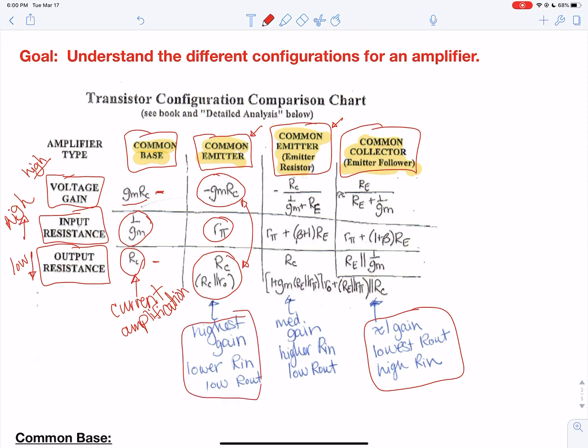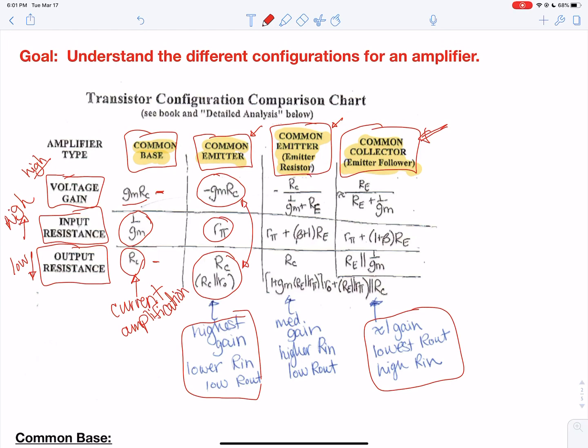So again, the common emitter has the highest gain, but it has a relatively low R in and usually a high R out. So most of the time you'll have that be a high gain, and then cascade it with this common collector to give you more of the quality of amplifier that you want.